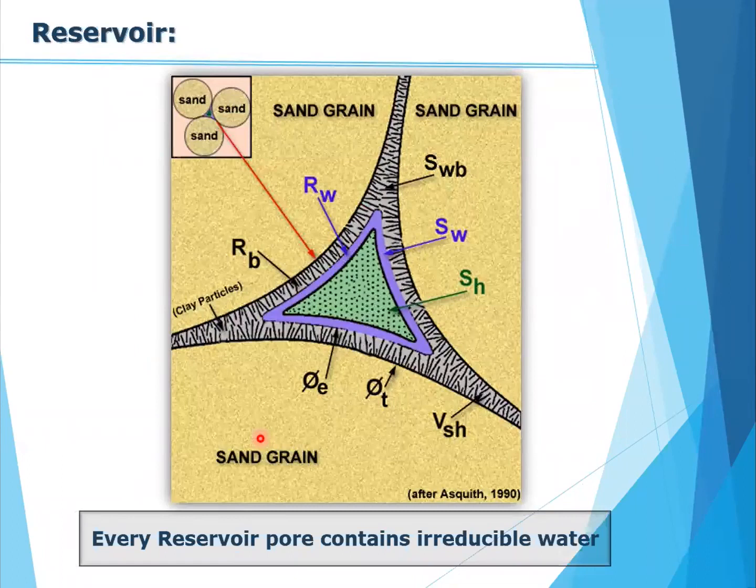Then again, when we go in the reservoir realm and we look at pores, we must always consider that we may have cement between the individual grains, and then there is a kind of triangular space in the middle between the three grains.